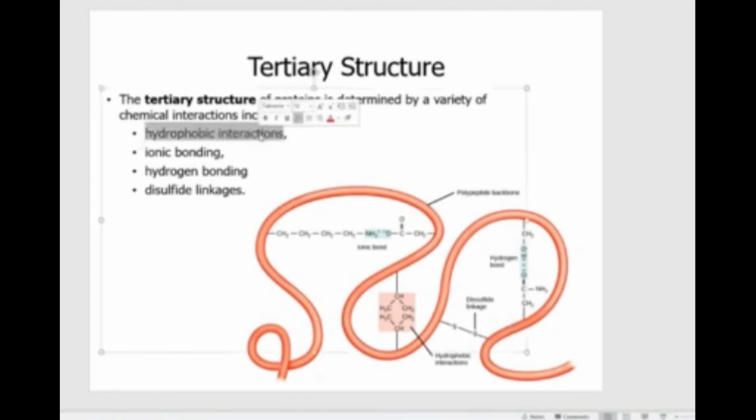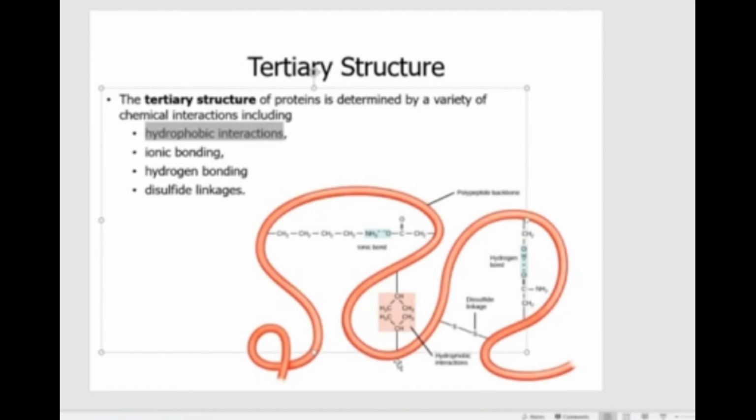This one is pretty important, the hydrophobic interaction. This is going to be between hydrophobic or nonpolar functional groups. Nonpolar, you guys remember, they don't like water, right? So the amino acids with these functional groups tend to stay inside, in the interior of the polypeptide chain.